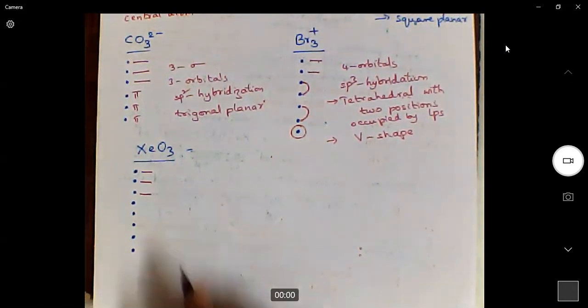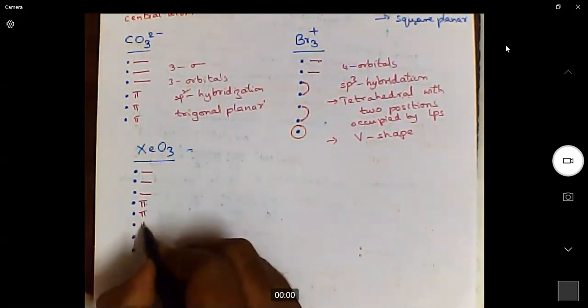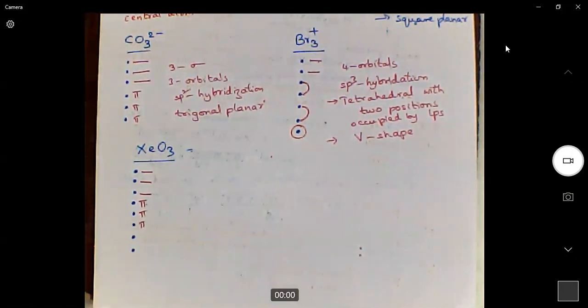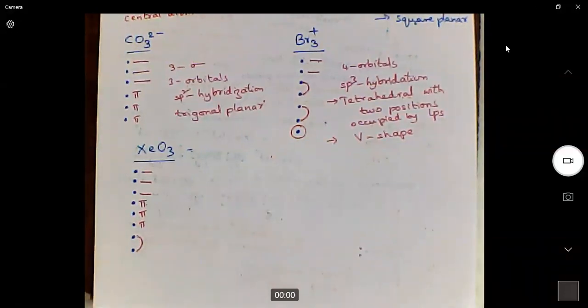And as I said, when oxygen is there, each oxygen will also form 1 pi bond. So 3 sigma bonds and 3 pi bonds. Remaining are lone pairs. In order to determine the hybridization, we consider only sigma bonds and lone pairs. We don't consider pi bonds.